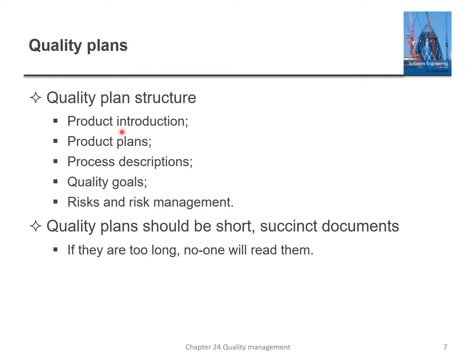Okay, we have the product introduction, which is referring to the product that the project is developing, and then the plans that the product is following, and then the process descriptions, what process will be done, and then quality goals, what goals you would like to achieve in this quality plan, and risk management.